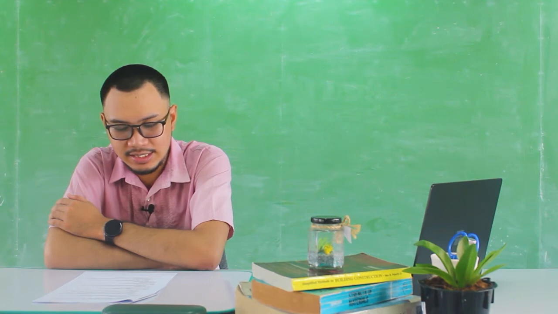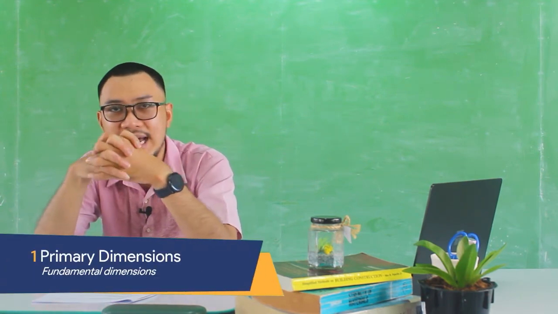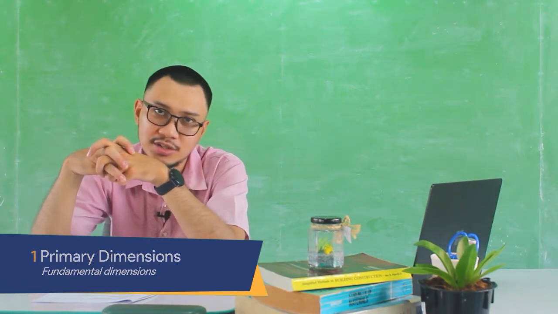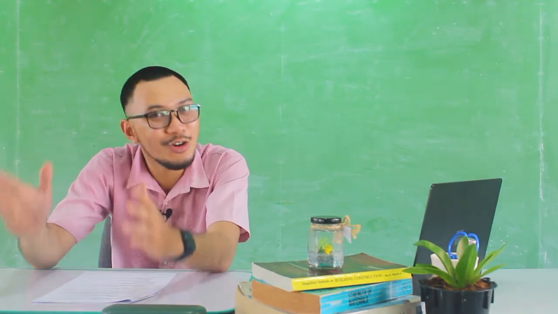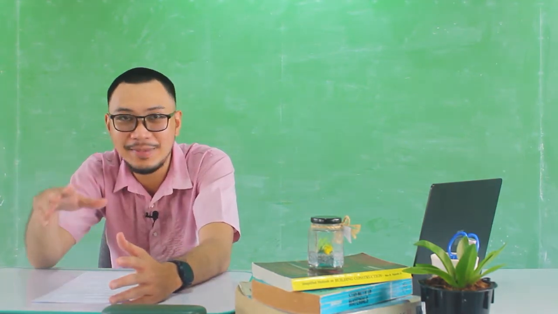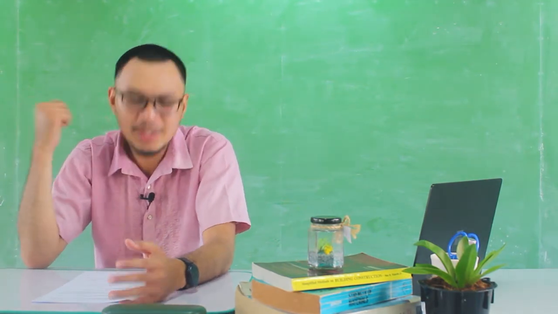So first, let us talk about primary dimensions. Primary dimensions are also known as the fundamental dimensions. When you say fundamental dimensions, sila ang origin. Wala sila gi-based sa other nga mga origins. Okay? So, unsa examples anang primary dimension?